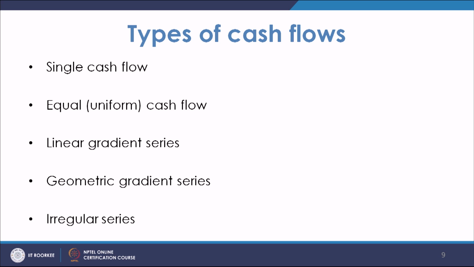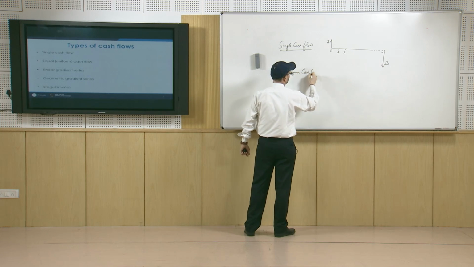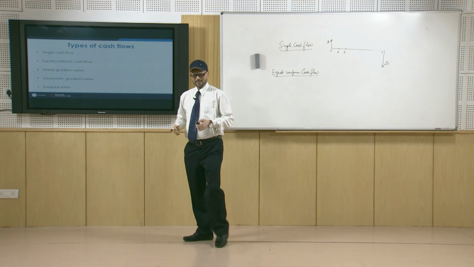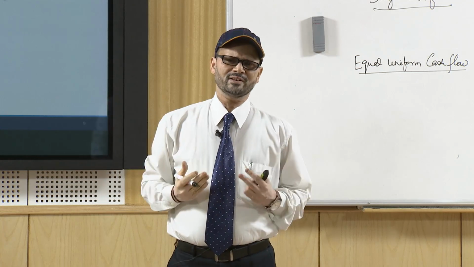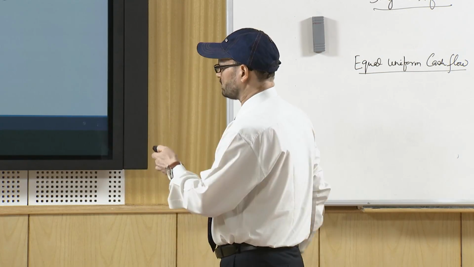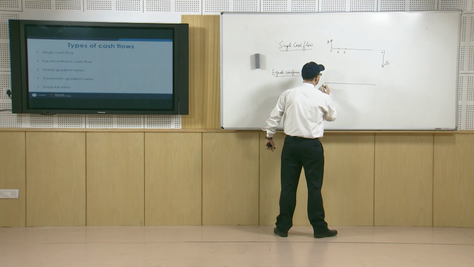Next is equal uniform cash flow. Many a time the payment is made equally at the end of every year. That is known as equal uniform cash flow, and the cash flow diagram for such flows is like this. This starts from 0.